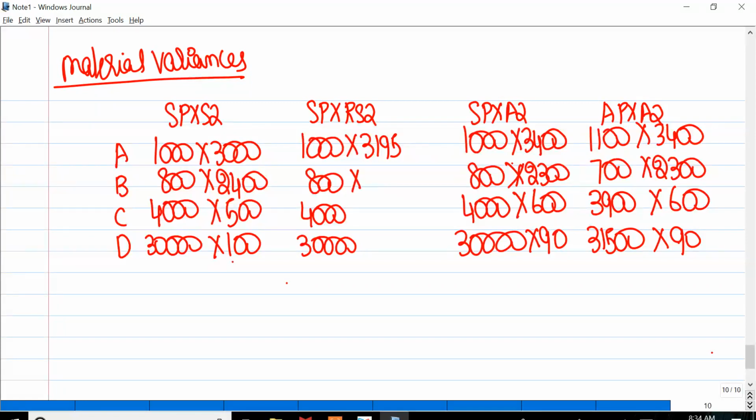Okay. 25. 530. Or leave it 532.5 itself. There will be huge impact of rounding off here. 106.5. Leave it as it is. 532.5 and 106.5.